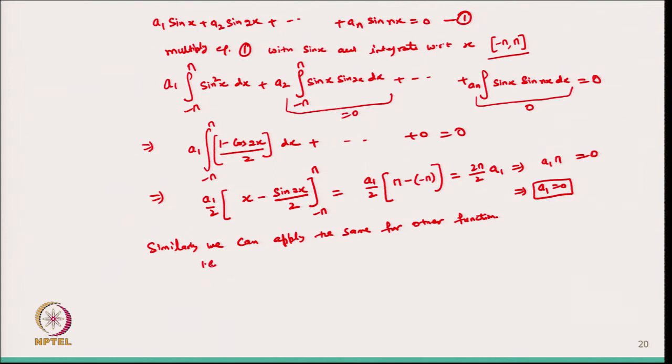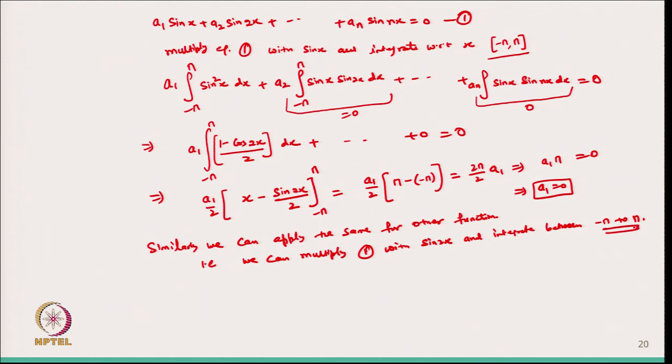That is, we can multiply the equation with sin 2x and integrate between minus pi to pi.